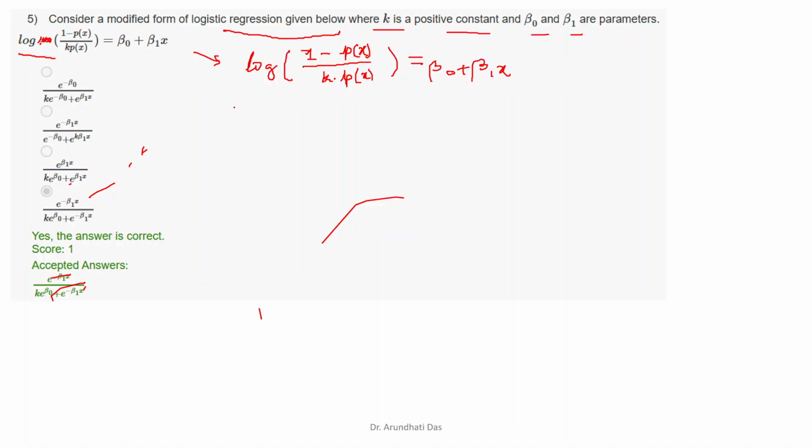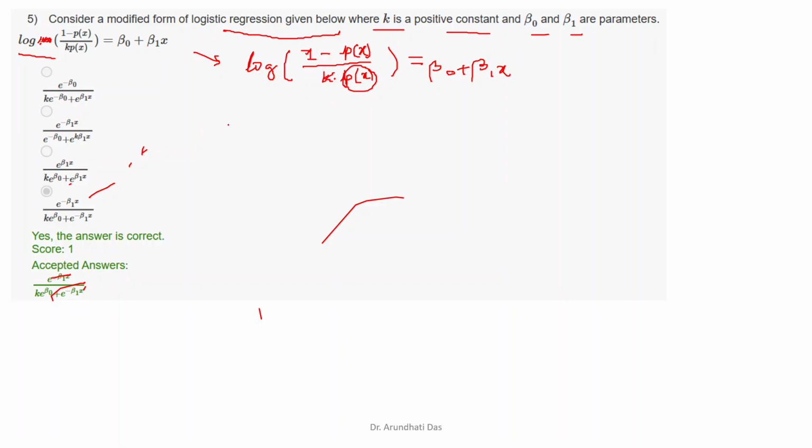Correct? So here I need to find this p of x value. From this expression that is given, which is a modified logistic regression, I need to find what is the value of p of x.